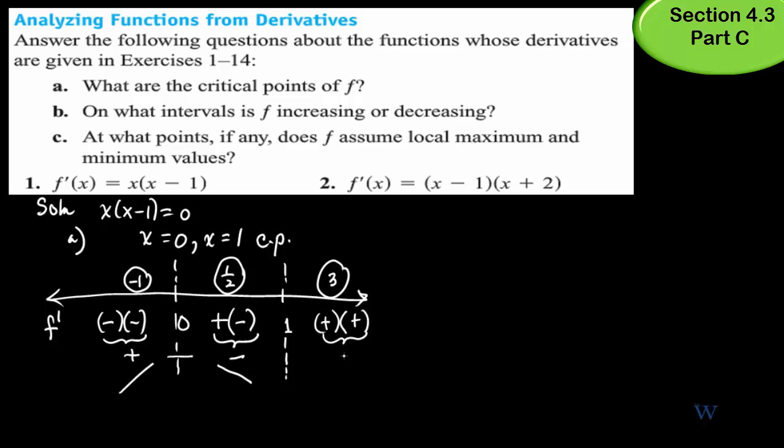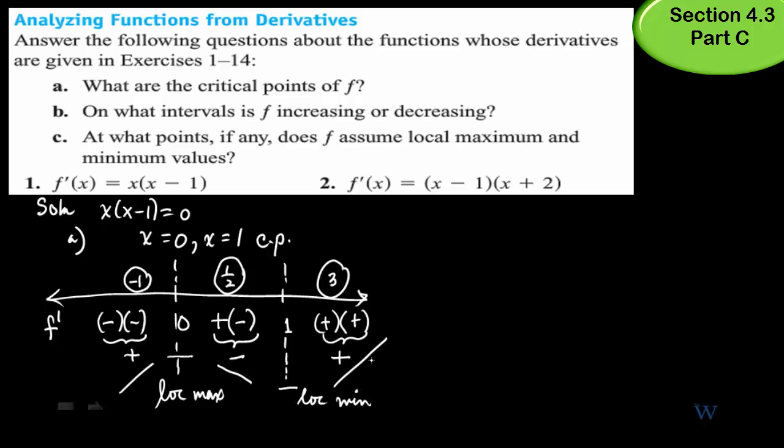Positive times positive is positive. So again you have a 0 slope and then a positive slope, which tells us that here you've got a valley. So we have a local max and a local min.